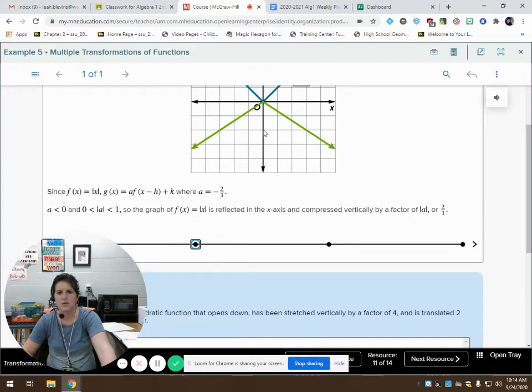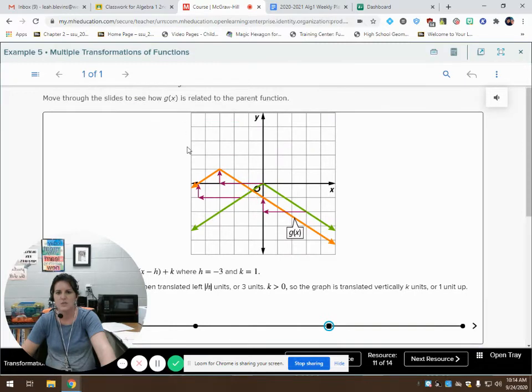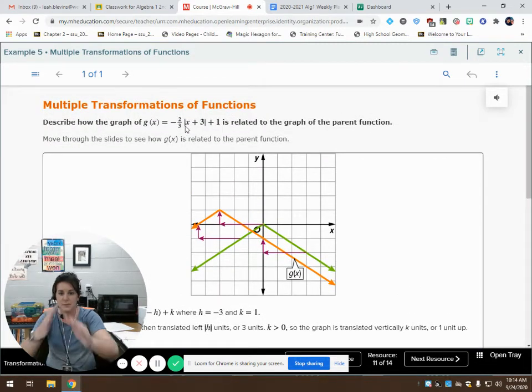So we go down 2 over 1, 2, 3, down 2 over 1, 2, 3 to get our points. Okay. Then it's important to realize that once we get the reflection and the new steepness of it, we've got to shift it to the left 3 units.